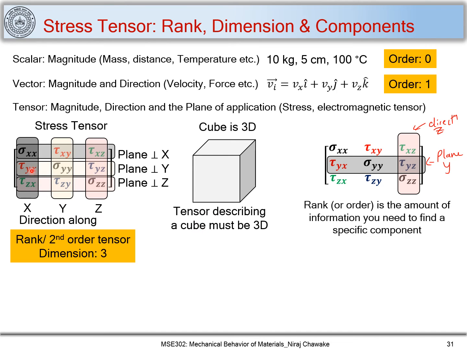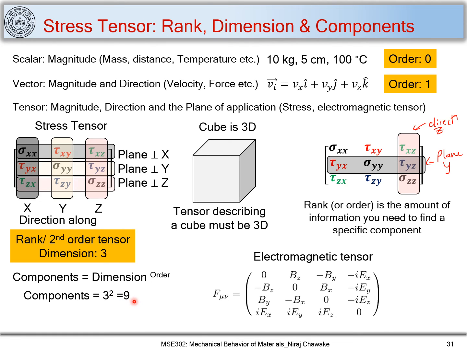Now you can see that there are 9 components. So there is a relationship between dimension and order: components is equal to dimension to the power order. Here the dimension of this stress tensor is 3 and order or rank is 2. So I have in all 9 components.